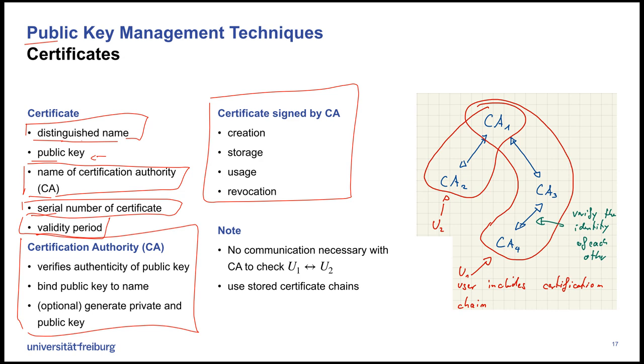And then we have these certified chains where we can prove that these are public keys. This is very easy because you can verify the identity of each other just by showing your certificates and showing that they are valid.